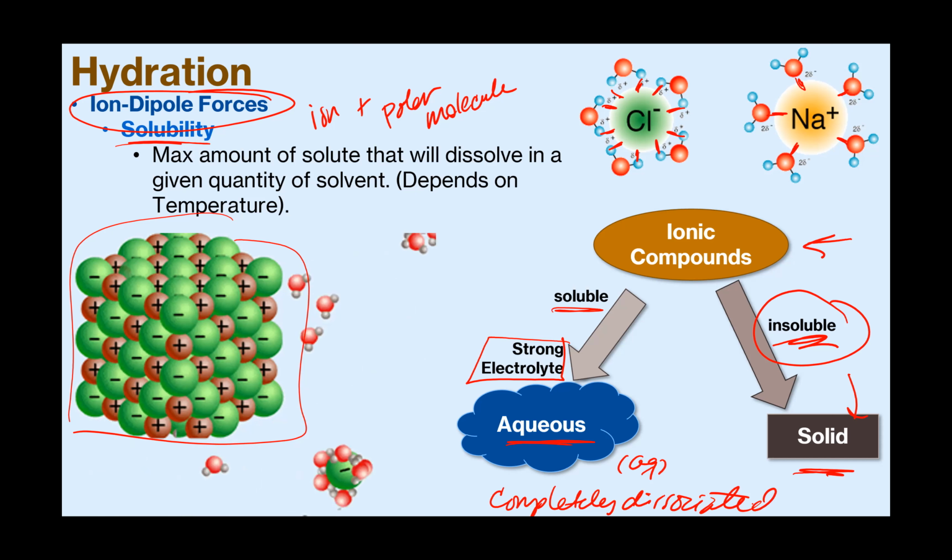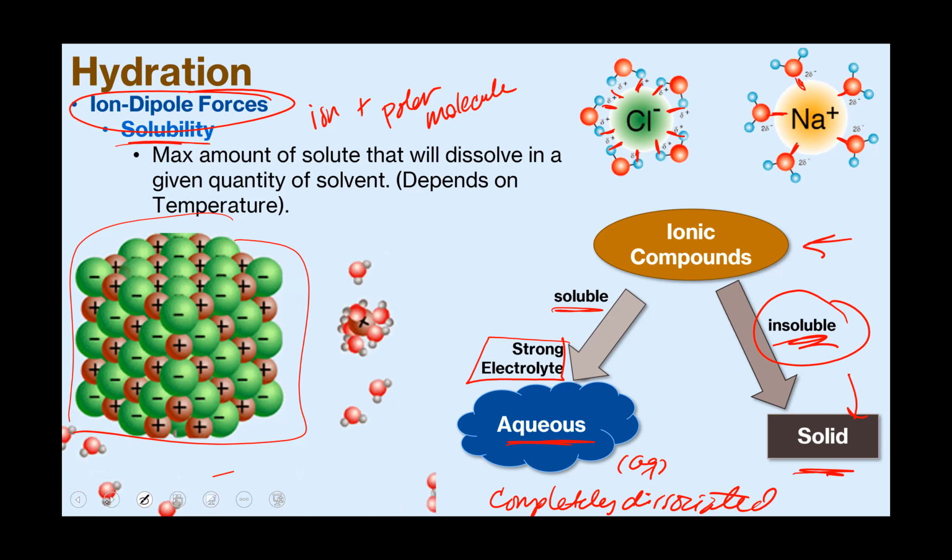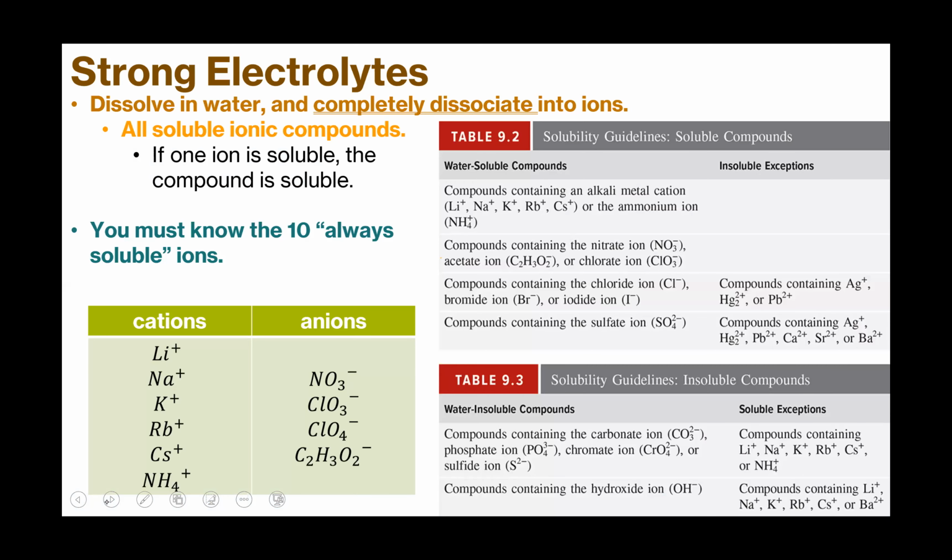Okay. So in terms of how to figure this out, we're going to use what are called the solubility guidelines, remembering that all these things are strong electrolytes. If the ionic compound is soluble, it is a strong electrolyte in solution, which means it completely dissociates into ions. We want to remember this thought.